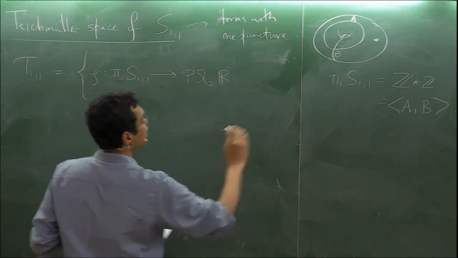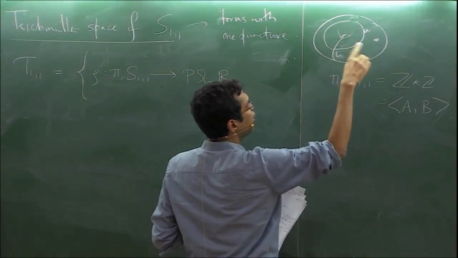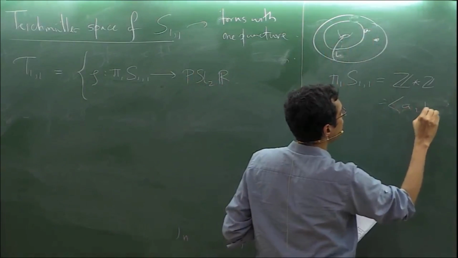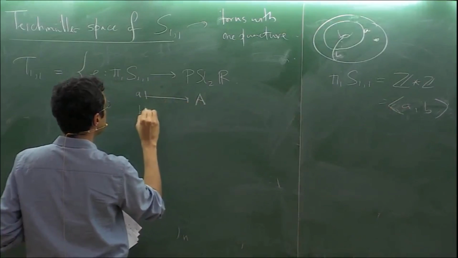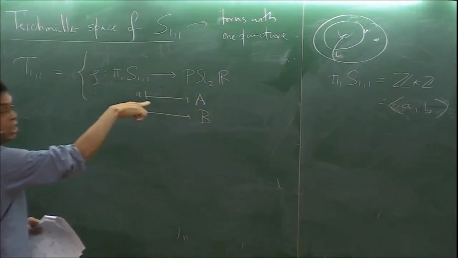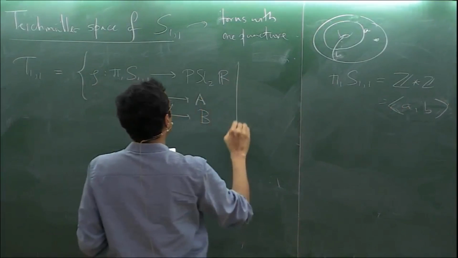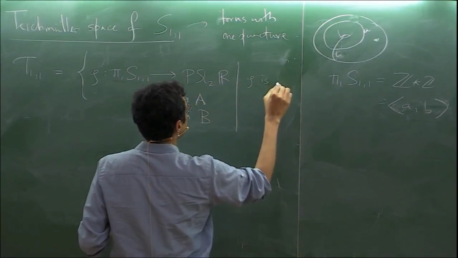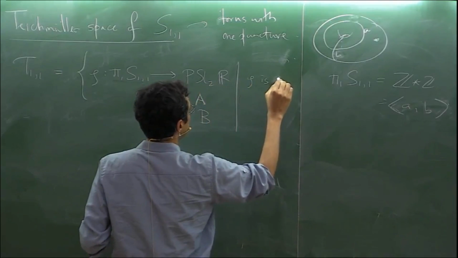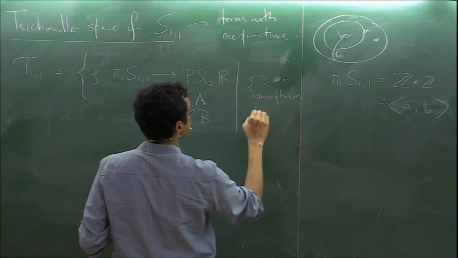Let me say the curves are A and B, which generate the fundamental group. I want to take these A and B to matrices, actual transformations, capital A and capital B, such that rho is injective, an isomorphism to its image.